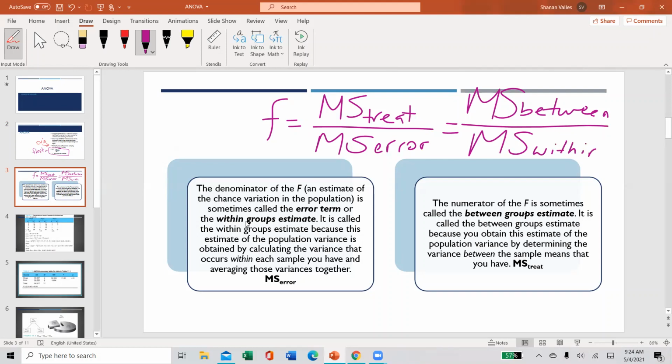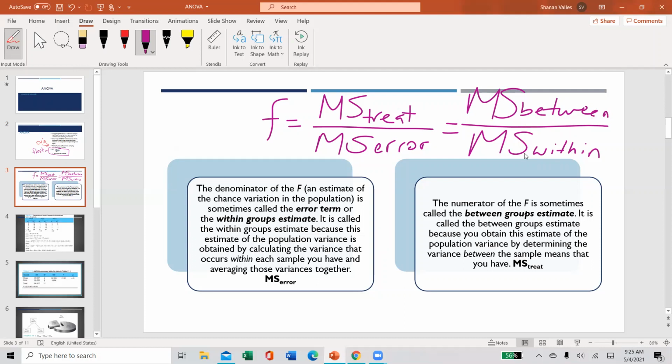And I'm writing them both down, and I like how this author explains both of them, because I think maybe it just kind of adds to understanding. So the MS within is we're looking at the variation within the group. This one up here, the MS between, is looking at the variation between the groups.